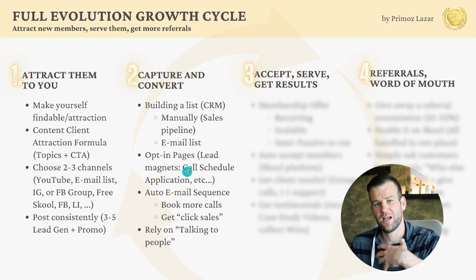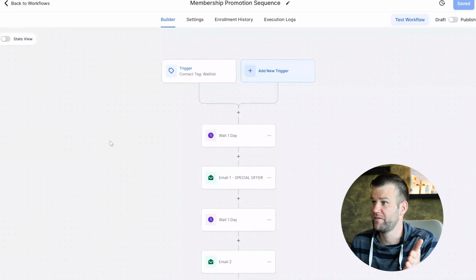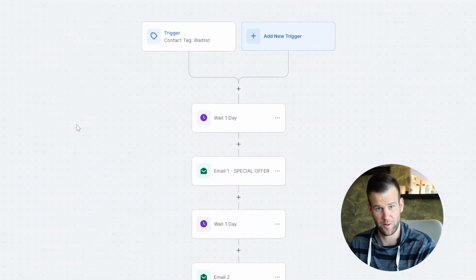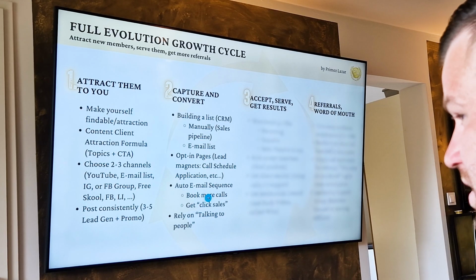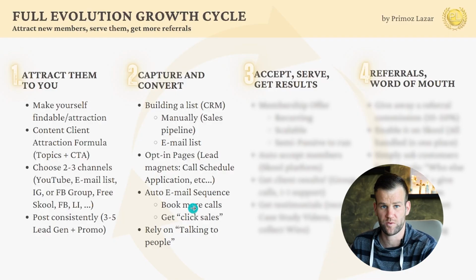And when they land on my email list, I have an automated email sequence in place that is going to be sent to that person, to that contact, right? I wrote 15 emails that are going to be sent to that person over a period of 2 months or so, right? And those emails will get people to book calls with me.